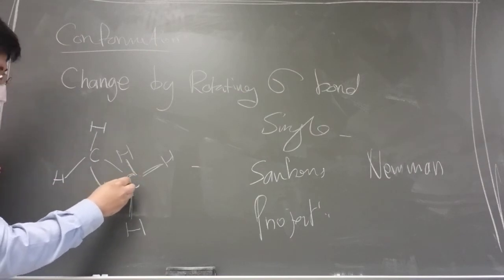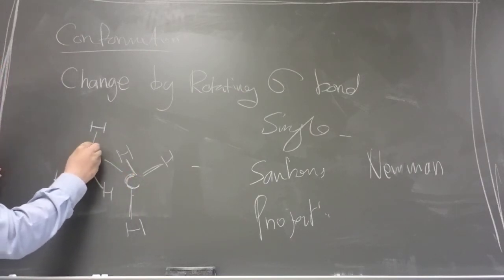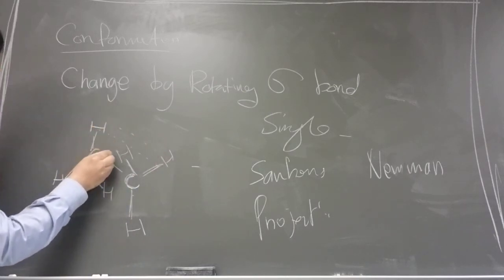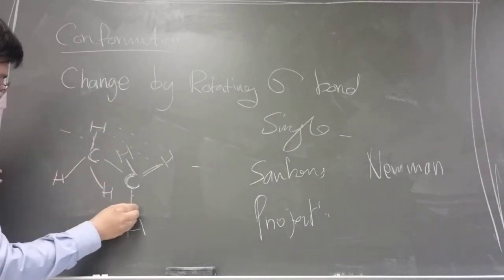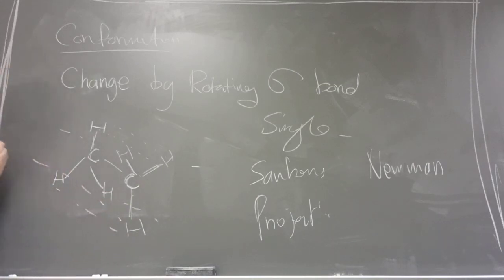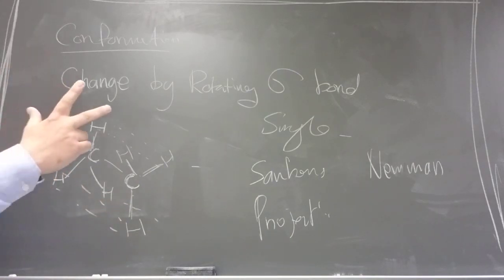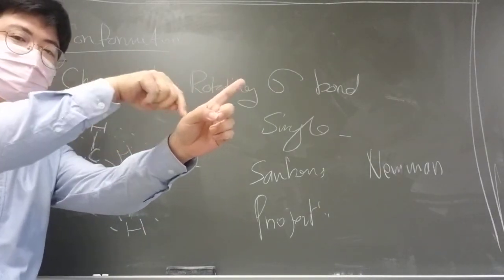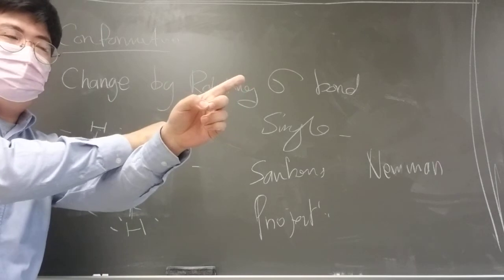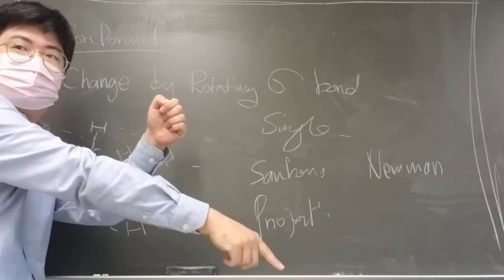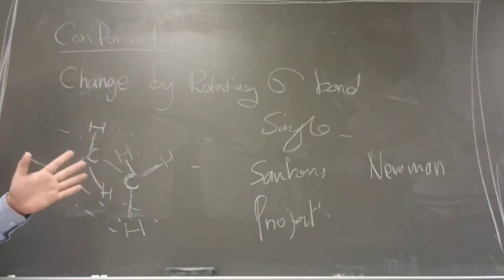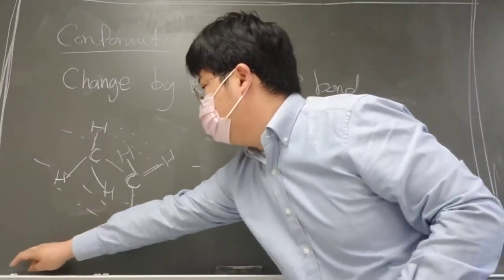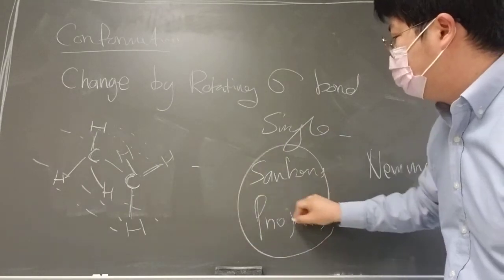Maybe you can call this carbon number 1, carbon 2, heading the other part. So this one is going this one, this one, this one, and one carbon on the back goes this one and this one and this one. So it's really hard to see. This is the sawhorse projection here.